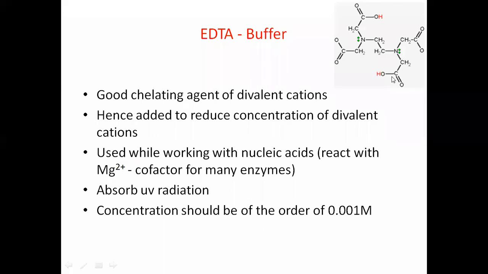EDTA is able to act as a chelating agent. Chelating means it is something like a handle, or a cage, that locks the divalent cations inside. It is a good chelating agent for divalent cations.